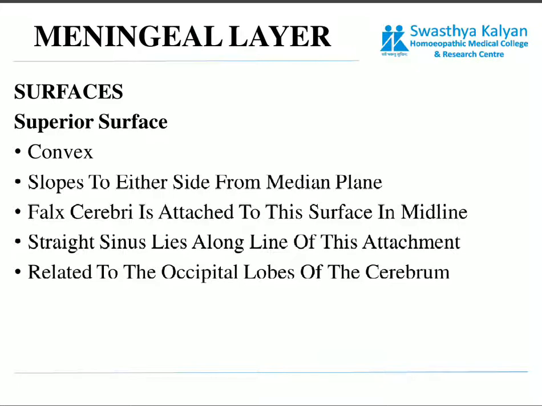The superior surface is convex, sloping to either side from the median plane. The falx cerebri is attached to the surface right in the midline, and along that attachment between the falx cerebri and tentorium cerebelli there is the straight sinus, and this surface is also related with the occipital lobes of the cerebrum.